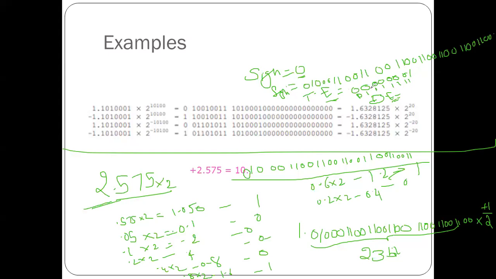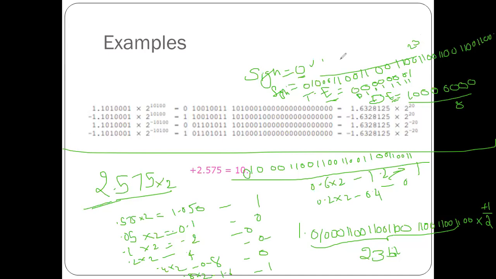After adding this, I'll be getting 128. So your exponent is 1 0 0 0 0 0 0 0. These are 8 bits, these are 23 bits, and this is 1 bit. So combined, I'll be getting a 32-bit floating point number.